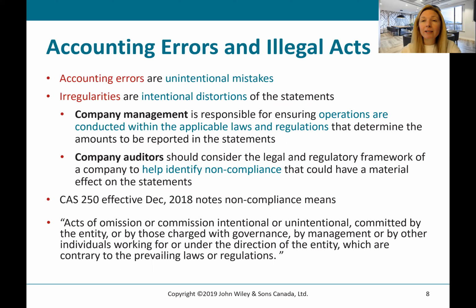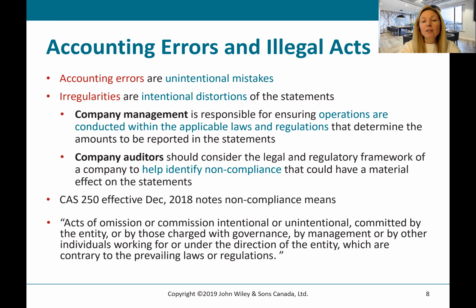What about disclosing accounting errors or illegal acts? Well, that's where it gets tricky. So accounting errors are unintentional mistakes, and irregularities are intentional distortions of the financial statements. So it's really important to note that company management is responsible for ensuring operations are conducted within the applicable laws and regulations, and the auditors also have a role to play in that process.